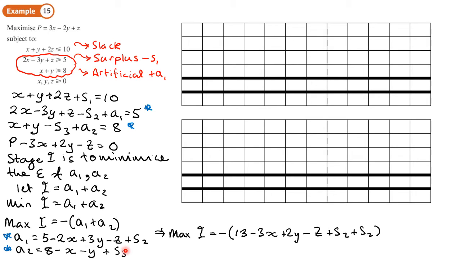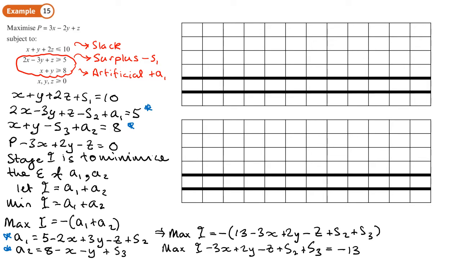Now remember, we need to write this in a similar way as we wrote this here. So we need to rearrange it so it's all equal to 0. So it now becomes maximizing I minus 3x plus 2y minus z plus S2 plus S3. So I should have written S3 here. S3 equals negative 13.